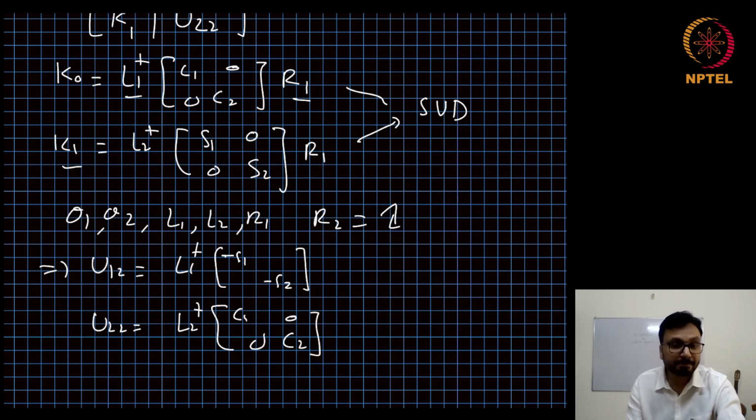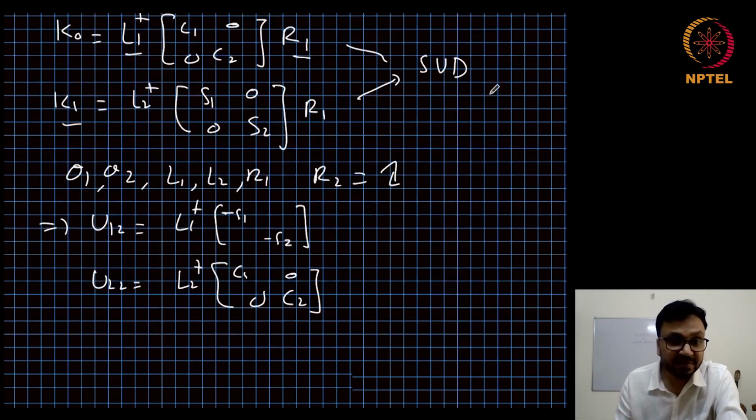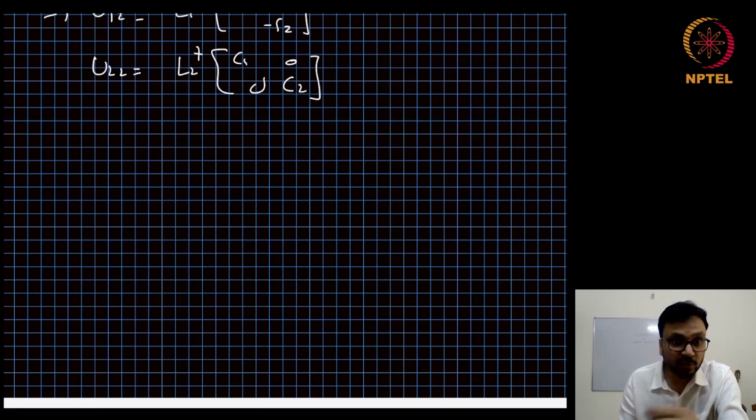So in that way, by choosing R2 to be identity, we have made the choice of U12 and U22 easy. It's no longer arbitrary. It's the simplest we can find in our setup. Maybe if we are using a different scheme to implement the unitaries, we can choose R2 to be different, so that U12 and U22 are easier to implement, and the whole scheme will look like the following.